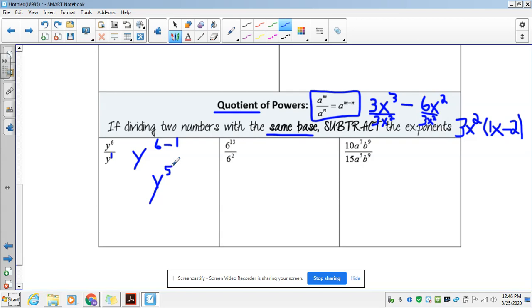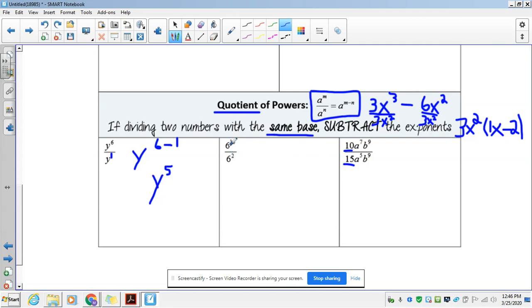The next two examples give you a really good example of the difference between a base and a coefficient. Here, the larger size number, the base, is 6. 6 is not considered the coefficient because it is not out front. Here, it is the coefficient because it is the number out in front. It has no exponent on it. Those are our coefficients.